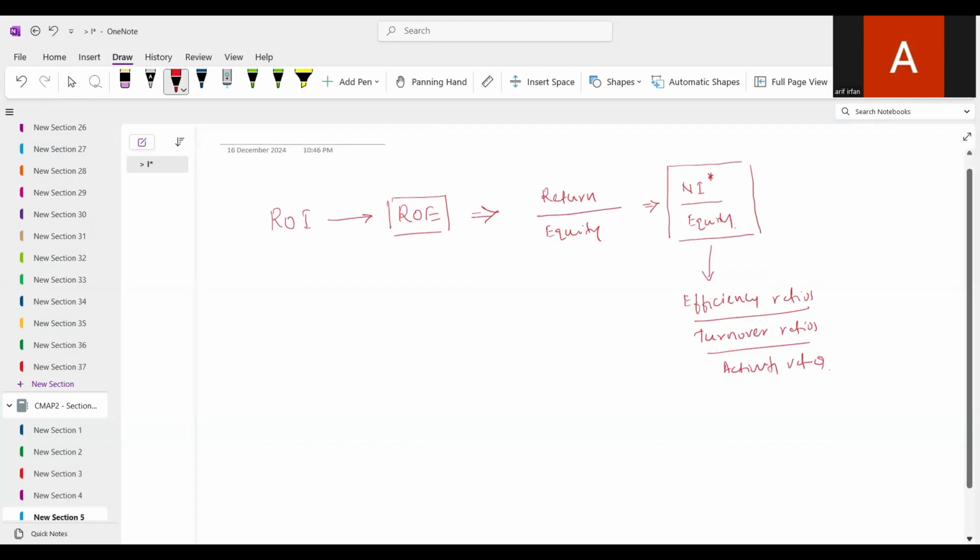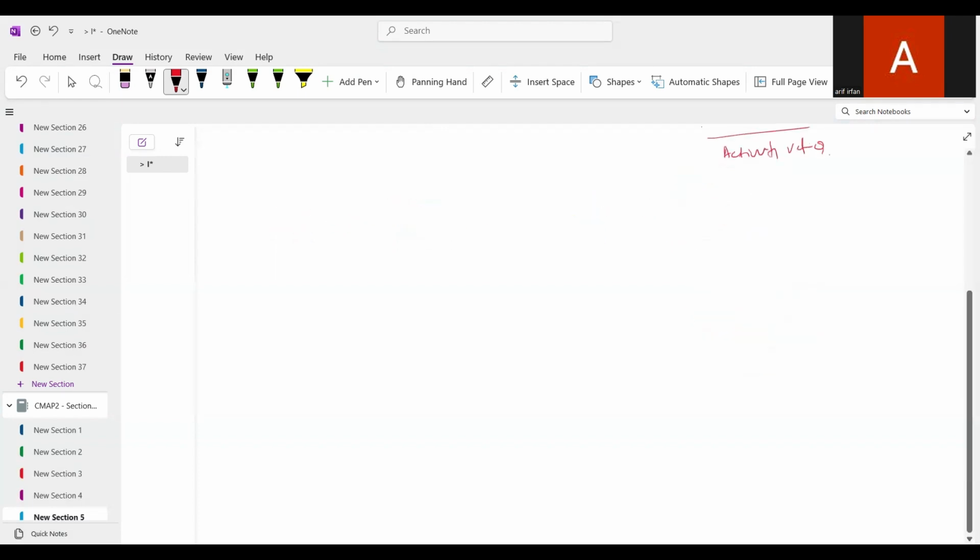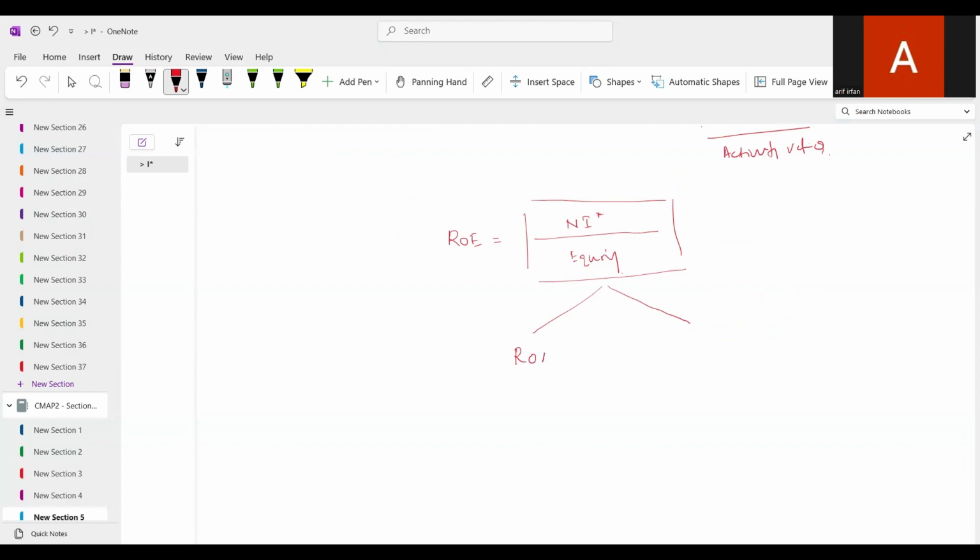Because in DuPont analysis, if we check it with regard to the return on equity, that is net income or profit after tax by equity, it is a combination of majorly two things. One is return on asset, another is equity multiplier.